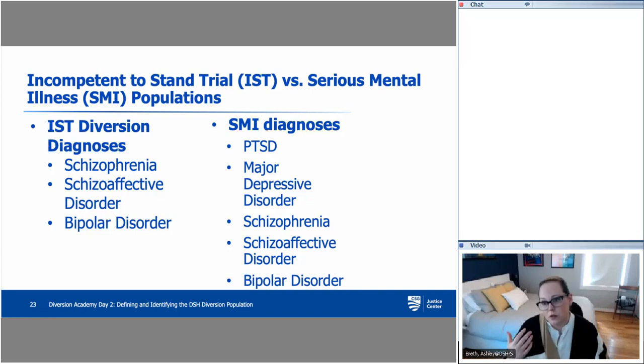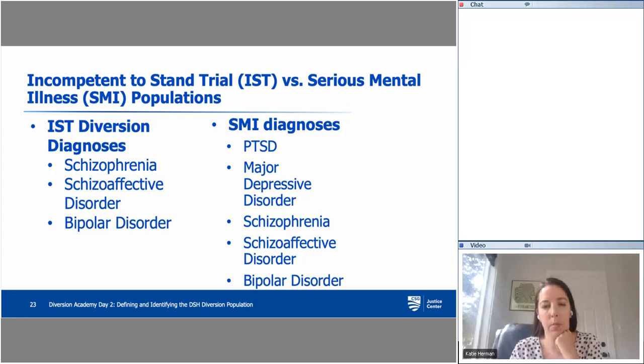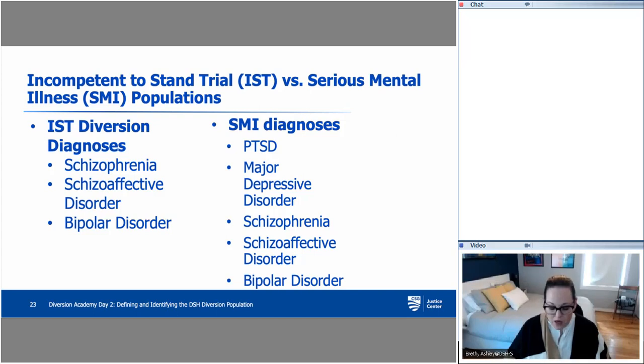This is a large percentage, perhaps the largest percentage of ISTs that are coming into our system. These are the diagnoses that they have. The other reason is because these diagnoses, for the most part, in most cases, are very treatable with medication, which is very important for this, because if these folks are getting arrested and ending up in the justice system because of the symptoms of their mental illness, and those symptoms can most readily be, oh gosh, I can't find the right word.